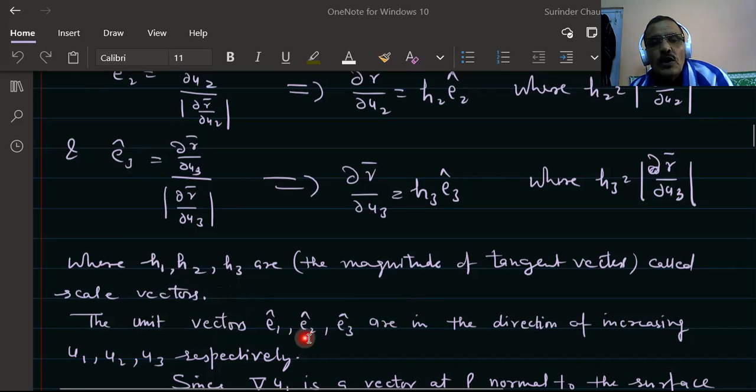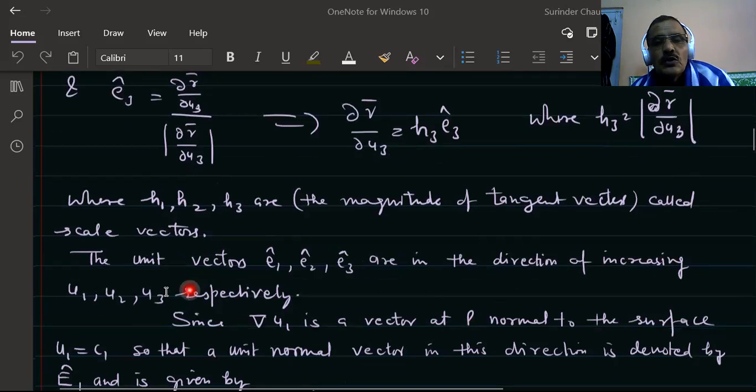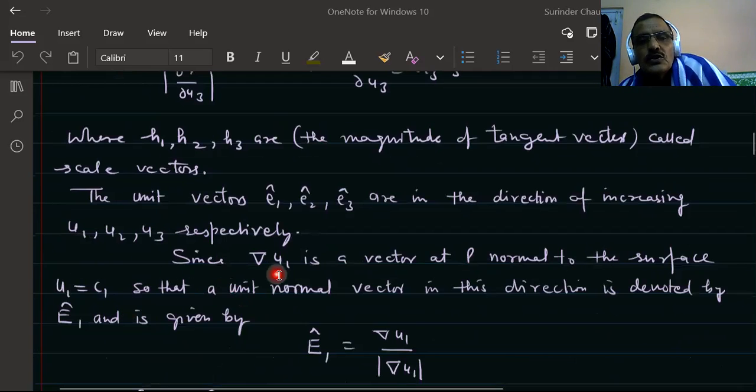The unit vectors e1, e2, e3 are in the direction of increasing values of u1, u2, u3. Since the gradient of u1 is a vector at P normal to the surface u1 equals c1, the gradient of a scalar point function is a vector normal to the surface.